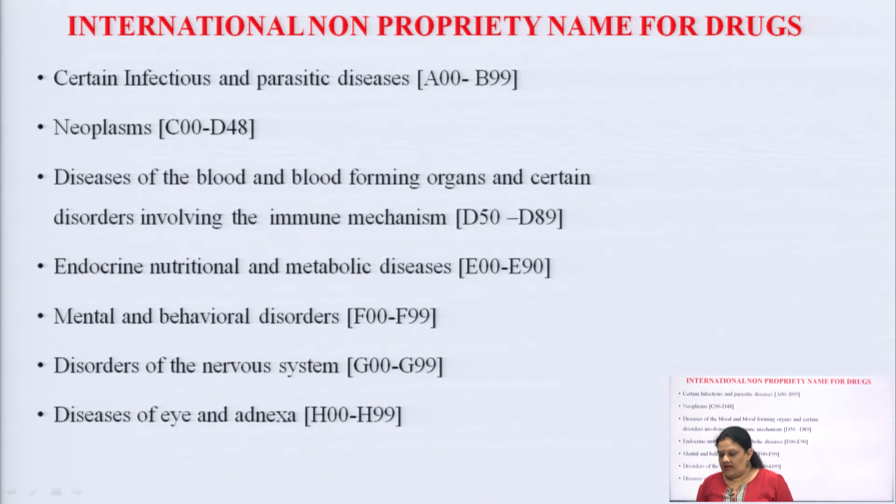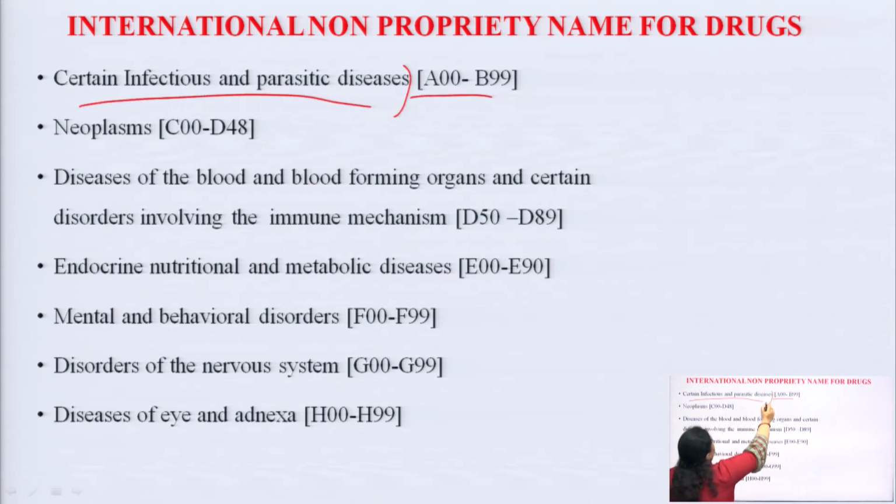So, these are the different organ systems of our body, where in the brackets you are going to see the codes which define the anatomical as well as physiological changes, or the alteration of normal homeostasis, meaning there is a generation of pathological conditions.